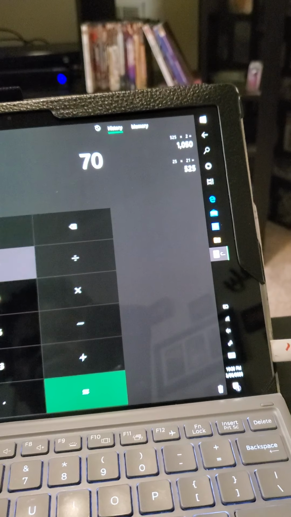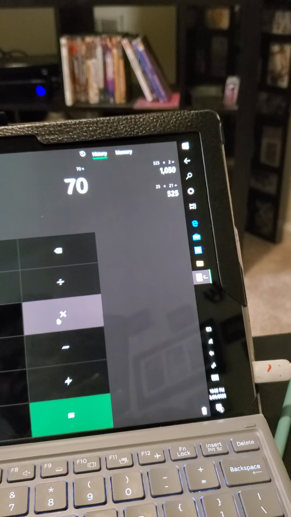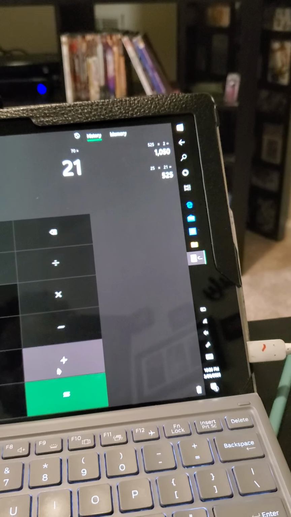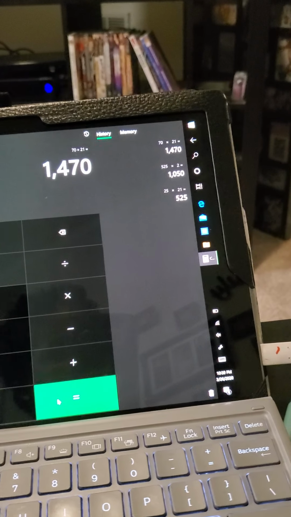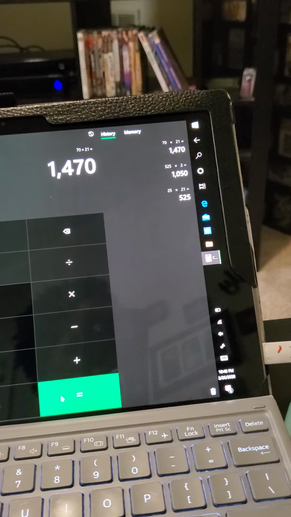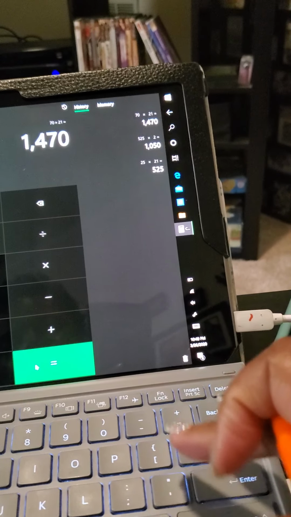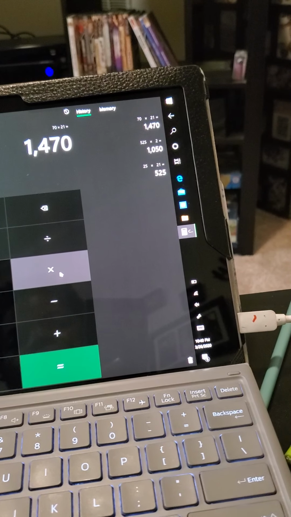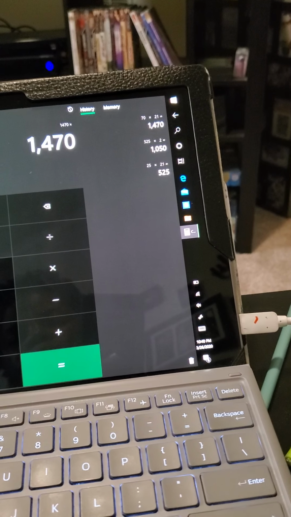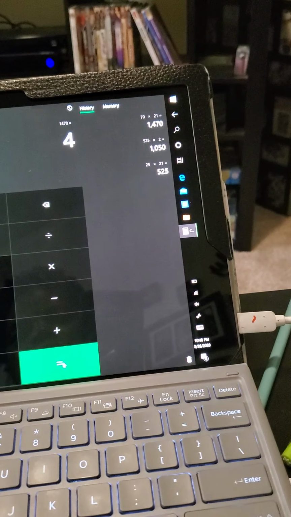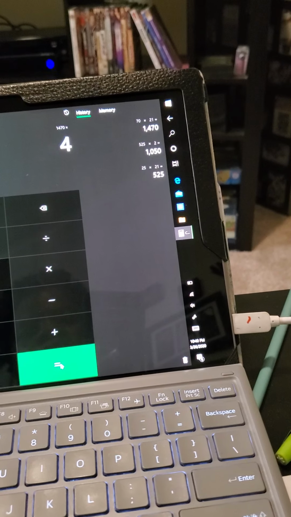So again, 70 times 21 equals 1,470 for one. But I have 4 of those, so I'm going to multiply that by 4.